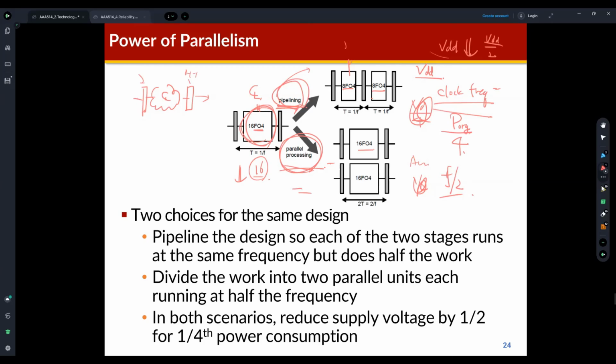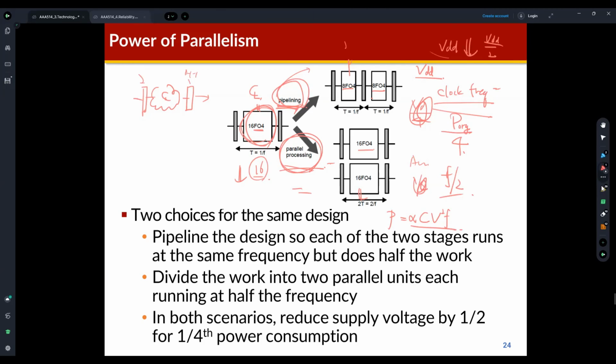So what is the benefit? If we just focus on the dynamic power, alpha C V squared F, this circuit occupies twice the area.